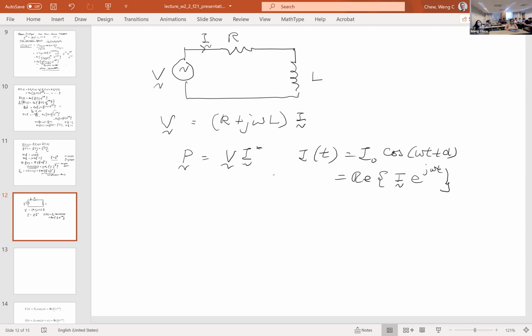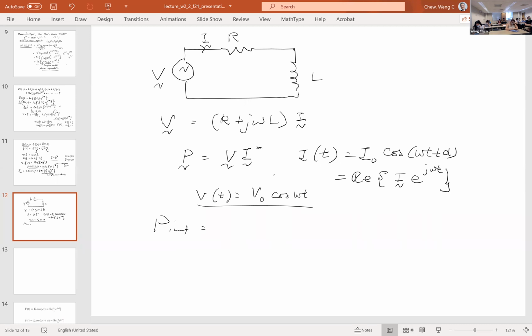And without loss of generality, I can write my V as V naught cosine of omega t. With these two current and voltages, if I multiply together, I will get my instantaneous power. You can actually work out the instantaneous power. It's just a product of these two terms.